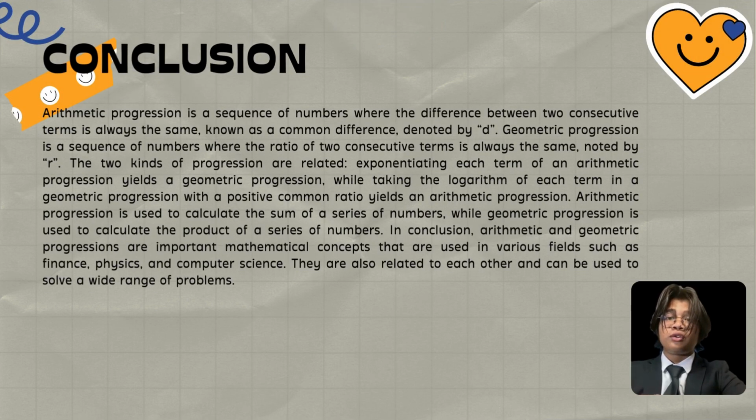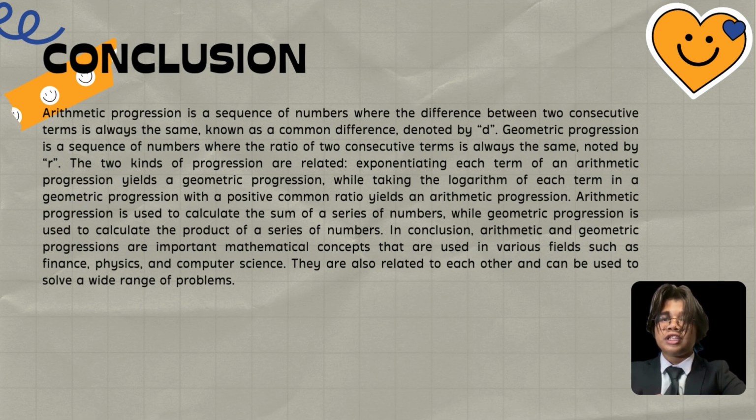So, the conclusion is arithmetic progression is a sequence of numbers where the difference between two consecutive terms is always the same, known as the common difference, denoted by d. Geometric progression is a sequence of numbers where the ratio of two consecutive terms is always the same, denoted by r. The two kinds of progression are related.